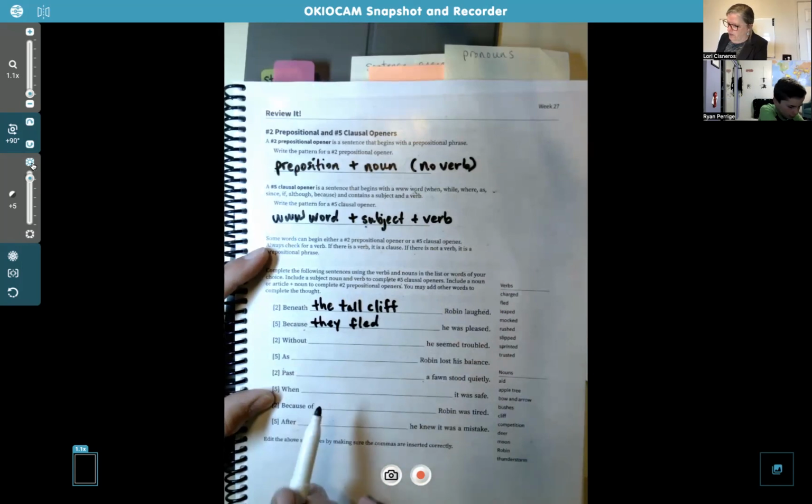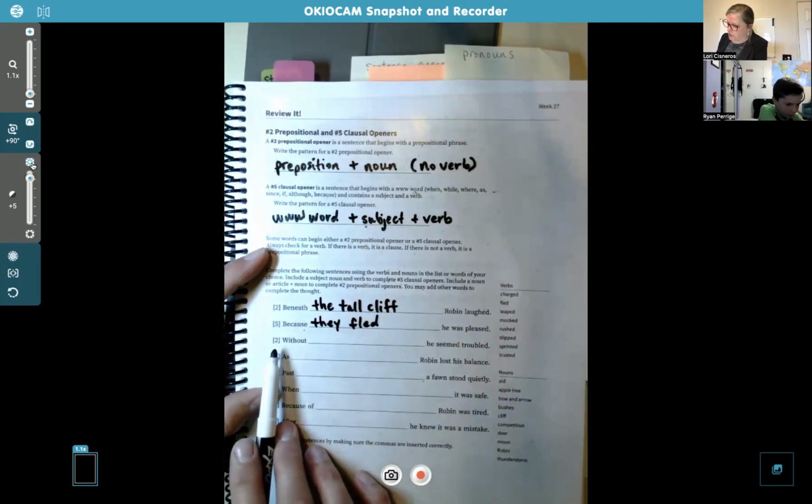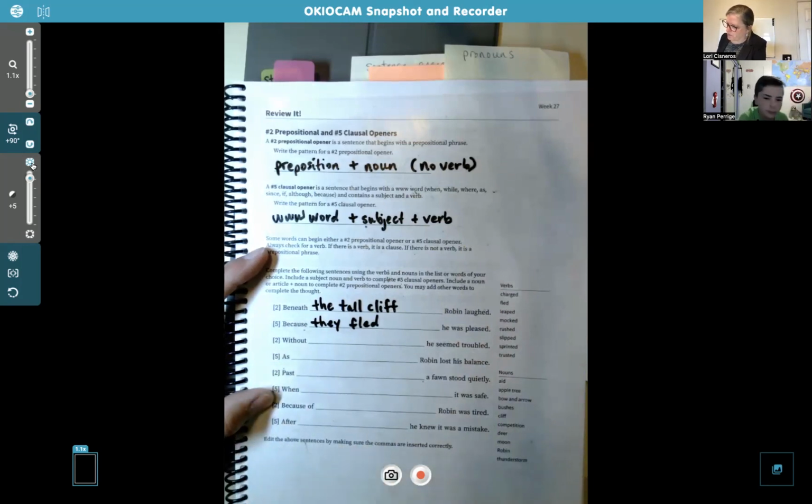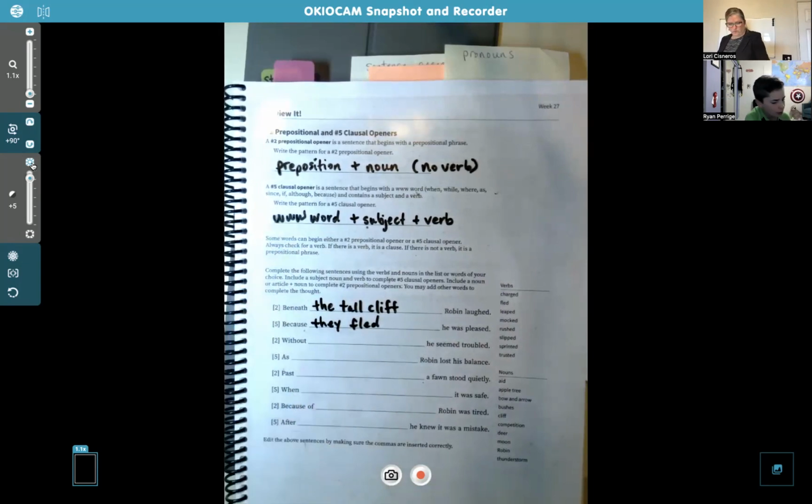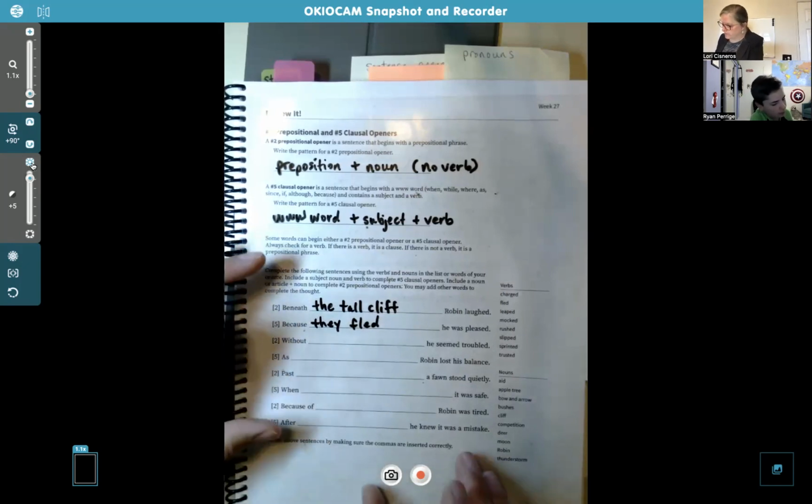Good. And then the next one is in number 2. So this one's prepositional opener. So no verb on that one. See if you can come up with something there. Okay. Without a competition, he seemed trouble. Okay.